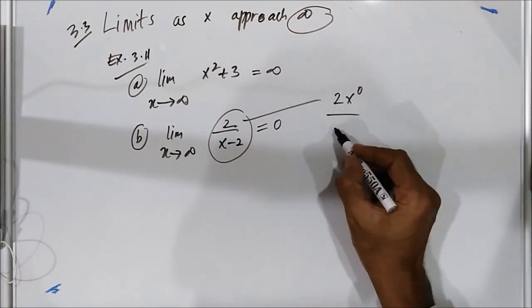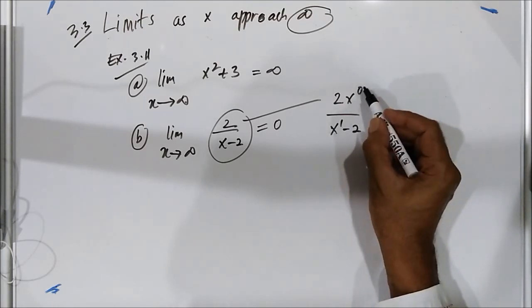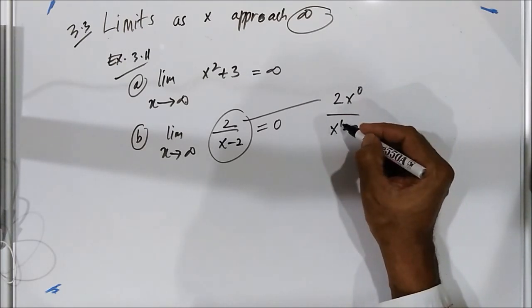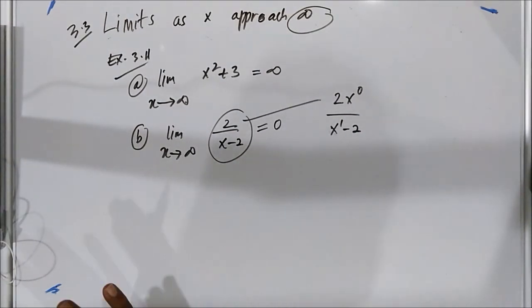This can be written as x raised 1 minus 2, so the top power is 0 and the bottom power is 1. Or you can solve it another way.